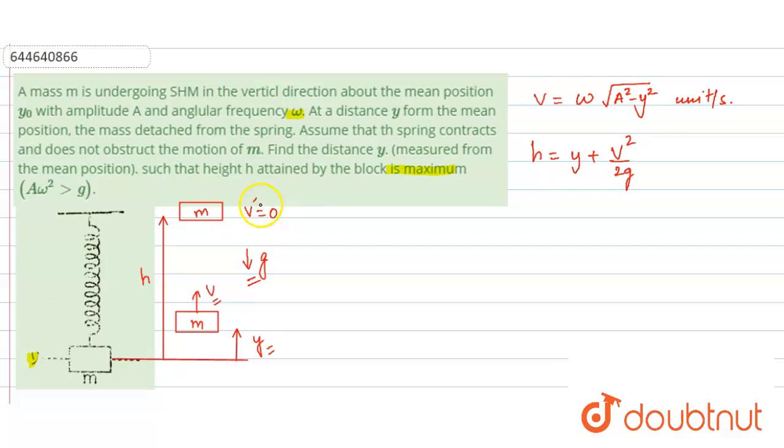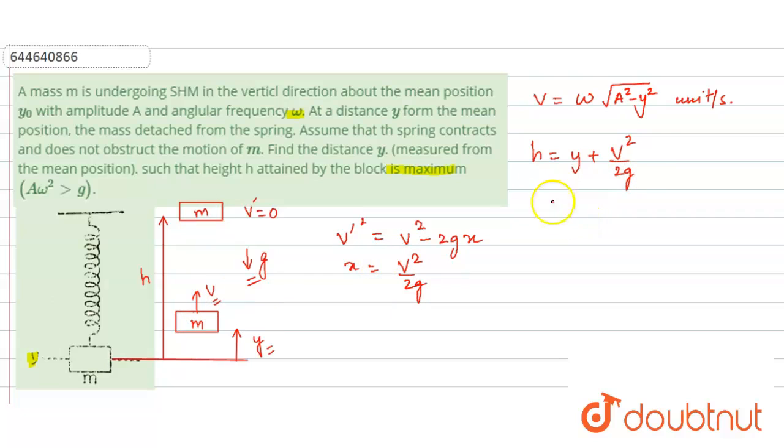Because this final speed will be 0 and you can apply the equation of motion. So you can simply apply the equation of motion, v dash squared is equal to v squared minus 2g. Let's say this height is x, right? So you can find the x from here. So v dash is 0, so x is v squared divided by 2g. So this height from here to here due to the velocity is v squared upon 2g.